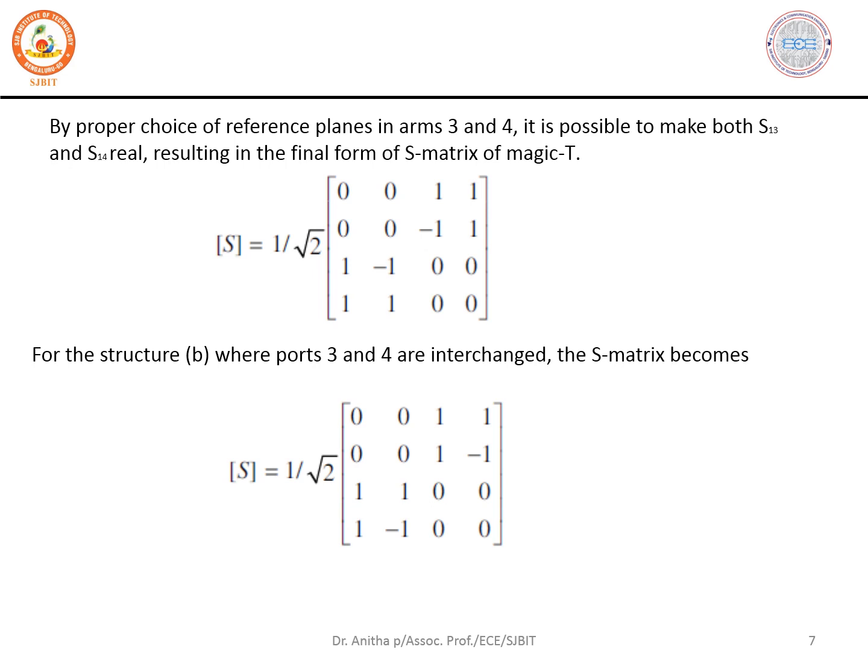Considering ports 3 and 4 first, B1 equals 1 by root 2 A3 plus 1 by root 2 A4. Similarly, B2 equals minus 1 by root 2 A3 plus 1 by root 2 A4. B3 equals 1 by root 2 A1 plus minus 1 by root 2 A2. And B4 equals 1 by root 2 A1 plus 1 by root 2 A2.